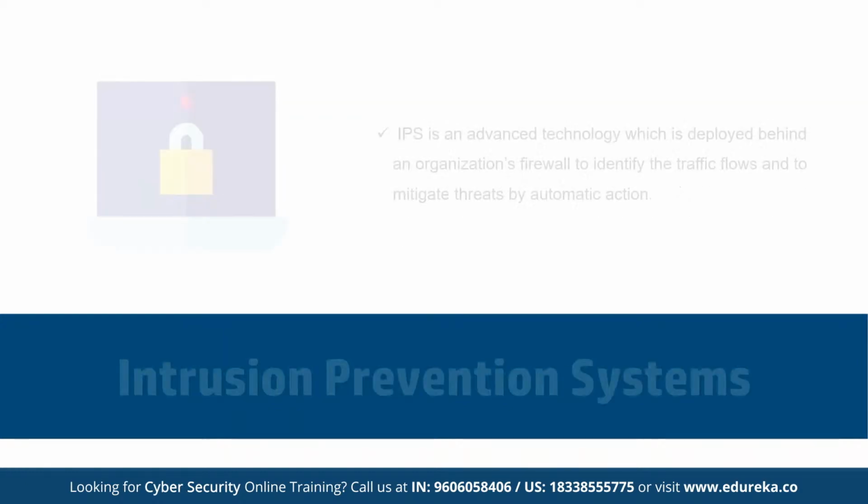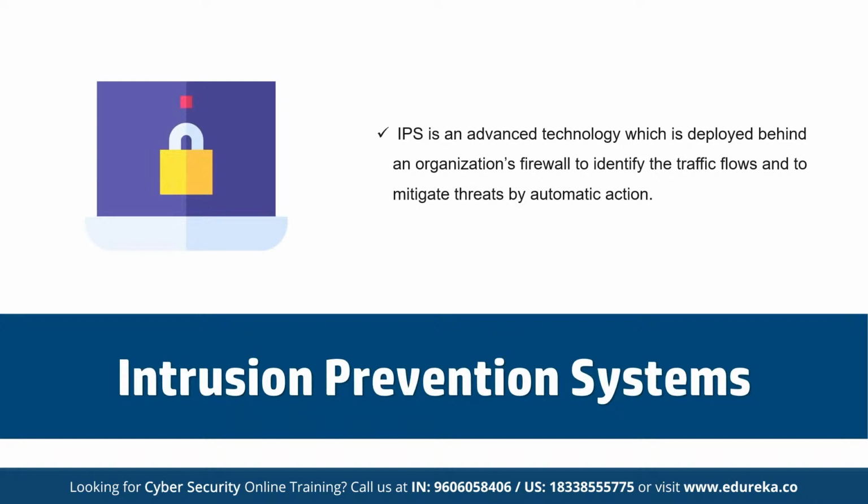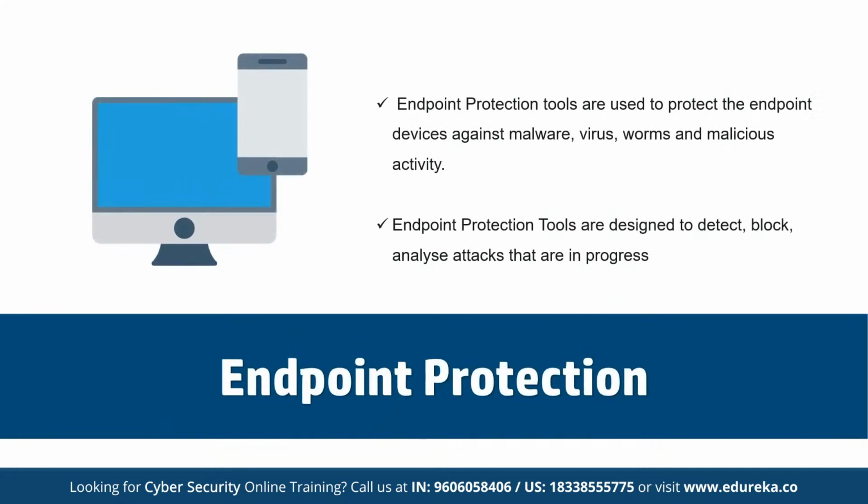And then we have the intrusion prevention system that we refer to as IPS. So IPS is basically an advanced technology which is deployed behind the organization's firewall to identify the traffic flows and to mitigate the threats by automatic action. And then we have other tools, like endpoint protection.